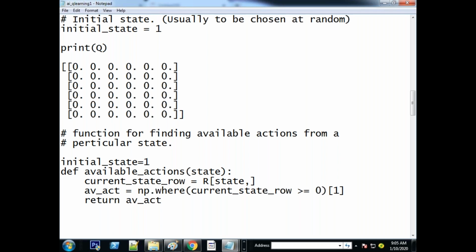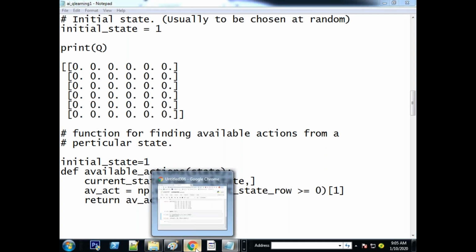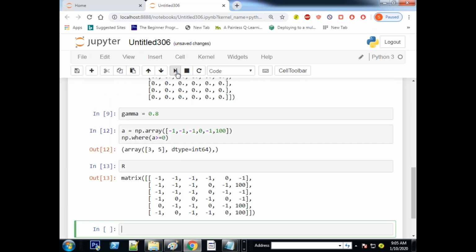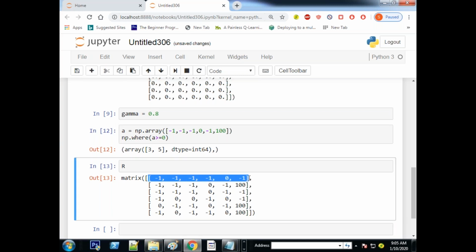Okay, not the next. What exactly happened in this function, we will see first, step by step. This is my R, which is the environment matrix. Let's access only one row, the first row.